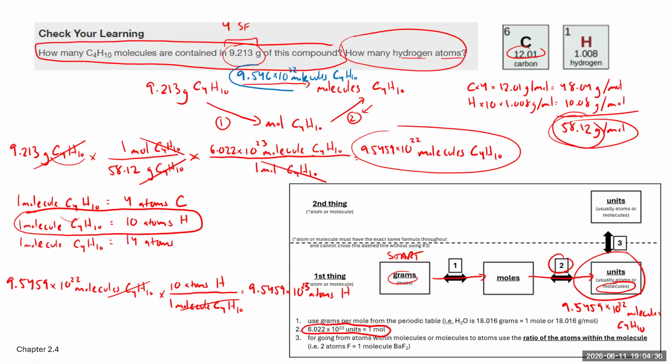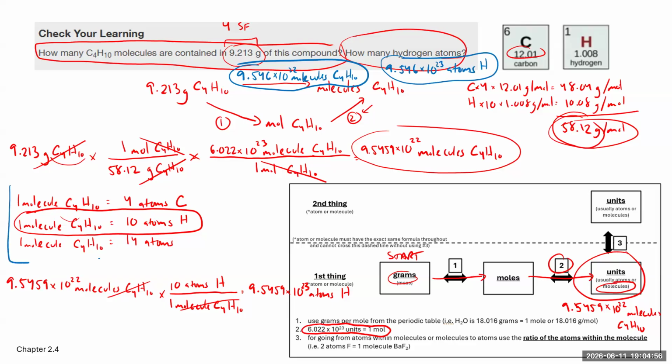Because we have 4 sig figs. For this one, it's going to be 9.546 times 10 to the 23rd atoms of hydrogen, right?